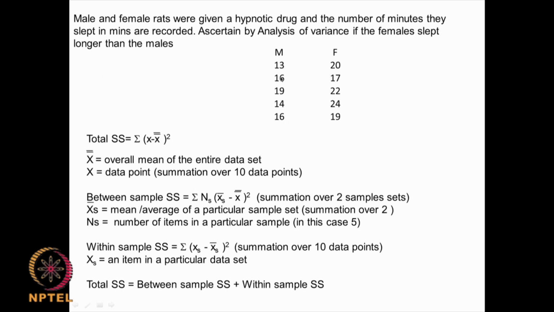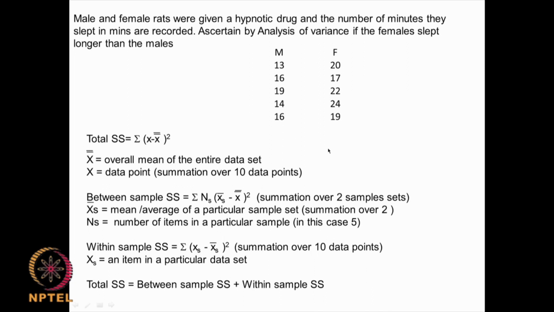Every time I subtract from each one of these data points, square it up, sum it up. Then for the female, I will have a mean here and subtract from each one of these data points, square it up and sum it up, overall summation. The degrees of freedom for within sample: the total is 9, between sample is 1. So, within sample is 9 minus 1, which is 8.